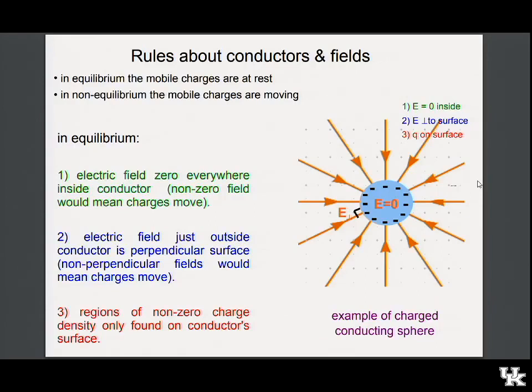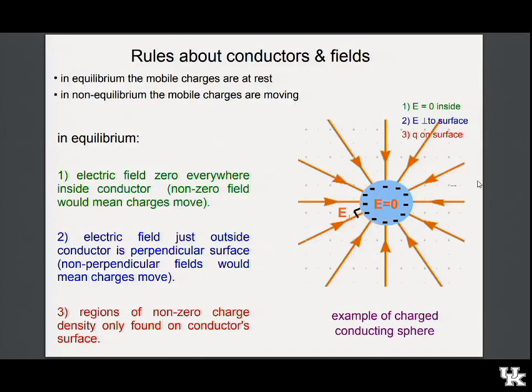The second rule is that if a conductor is immersed in an electrical field, once the conductor's at equilibrium, the electrical field at the surface of the conductor is perpendicular, at right angles, to the surface. Those two rules apply in equilibrium. If the electrical field wasn't zero inside the conductor, then the charges would still move around, so it wouldn't be equilibrium.